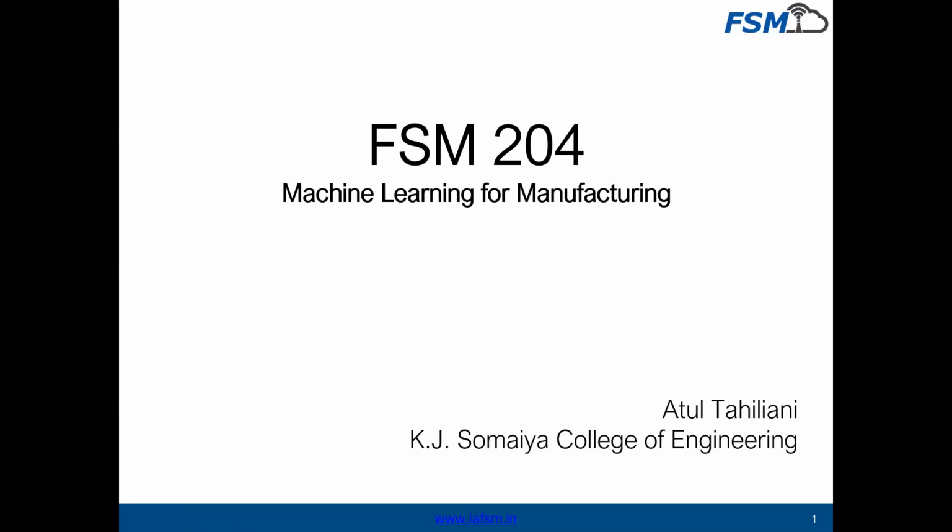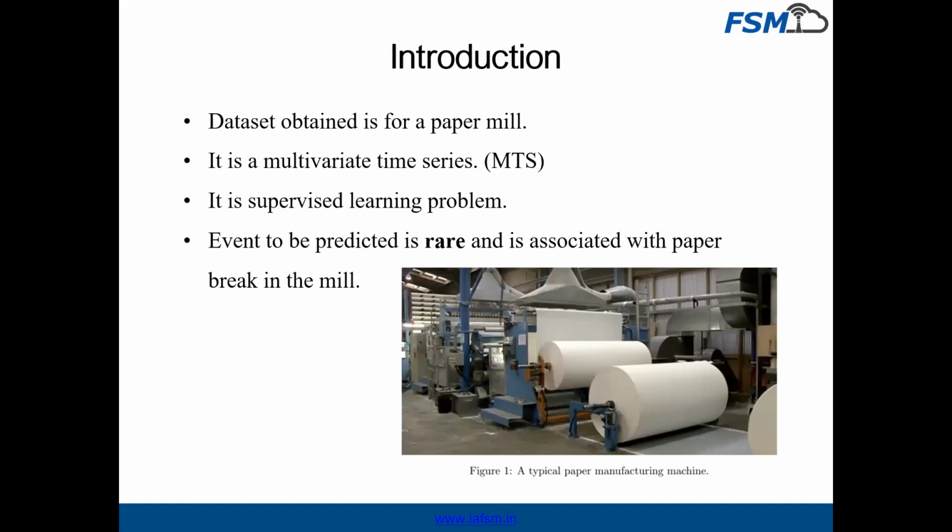This is my project for FSM 204, and this project could not be a continuation of the previous project, unfortunately, and I had to pick a data set given on the internet. The data set that has been chosen is for a pulp and paper mill, and as you can see in the photo, large rolls of paper are the product being manufactured.